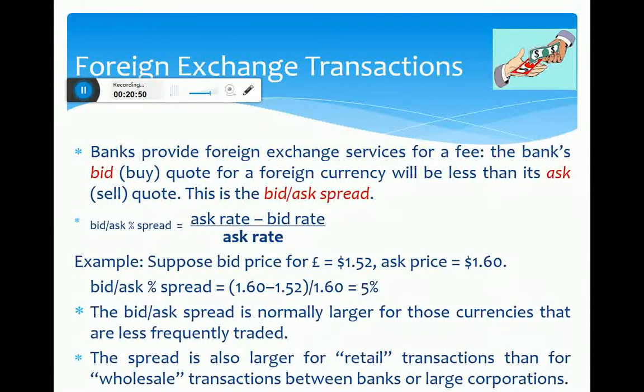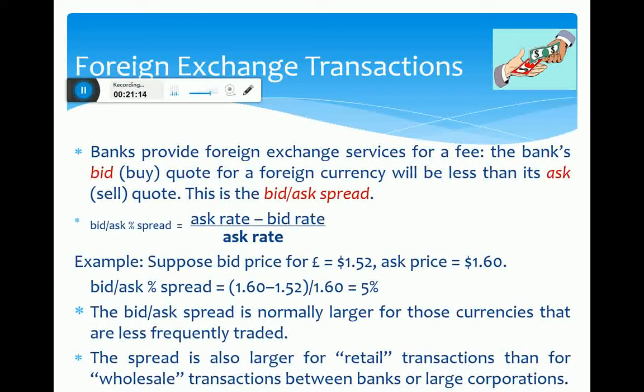And the difference is called the ask or bid spread. How can we calculate that? It's usually in percentage. We can calculate it by subtracting the bid rate from the ask rate and dividing by the ask rate, right?